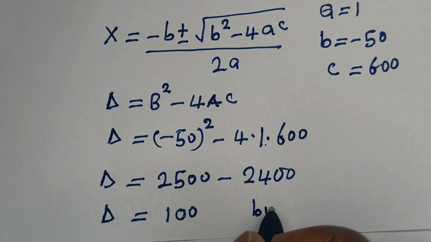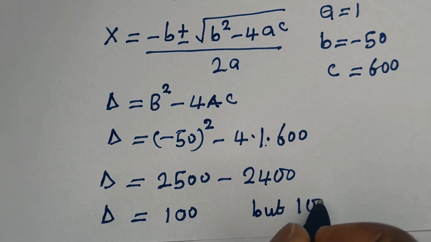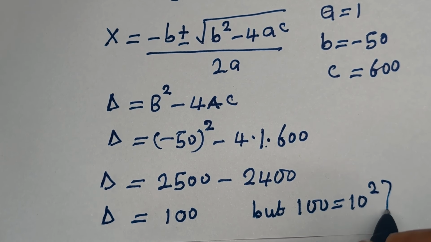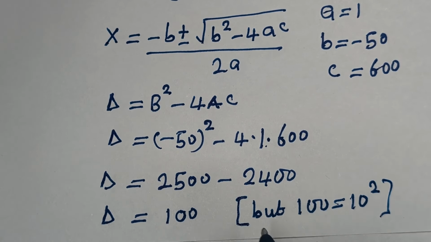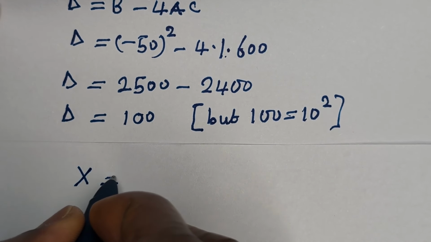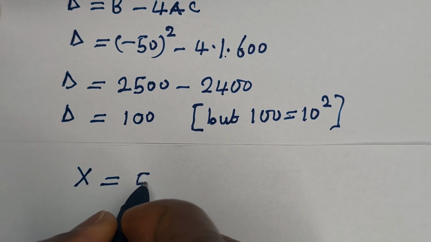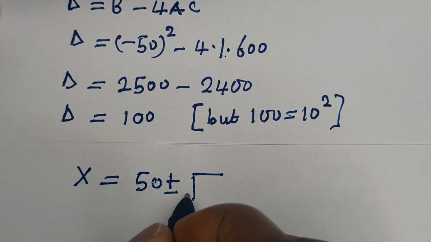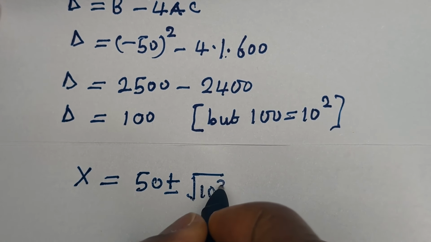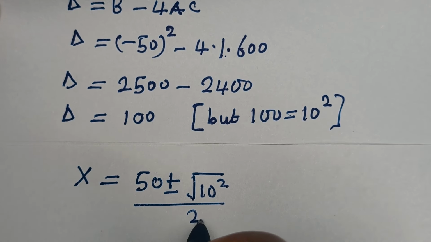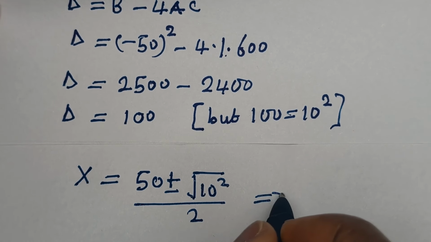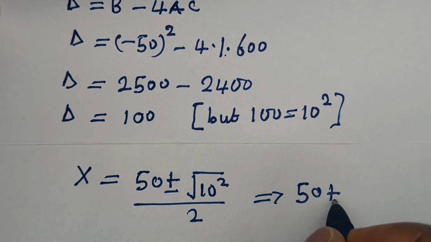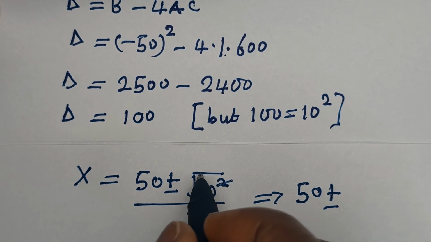But 100 is the same thing as 10 squared. x is equal to 50 plus or minus square root of 10 squared, over 2. And this is the same thing as 50 plus or minus, the square cancels the square root.